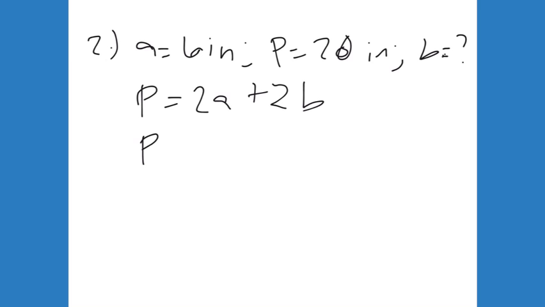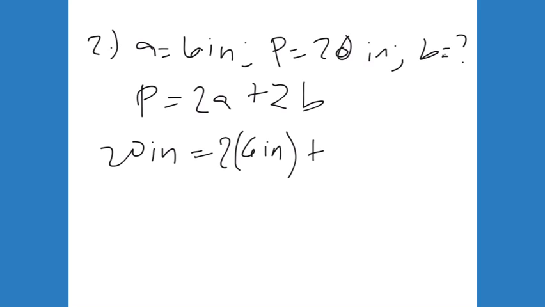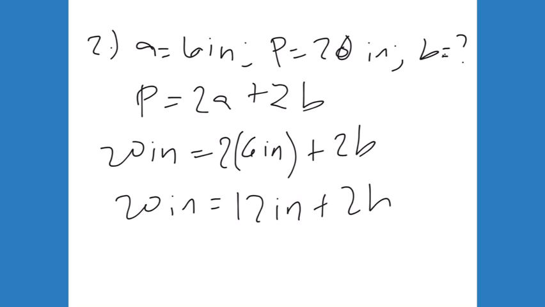Then our perimeter, 20 inches, equals 2 times 6 inches plus 2B. So 20 inches equals 12 inches plus 2B.